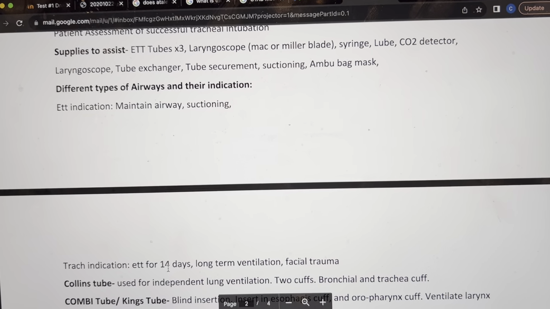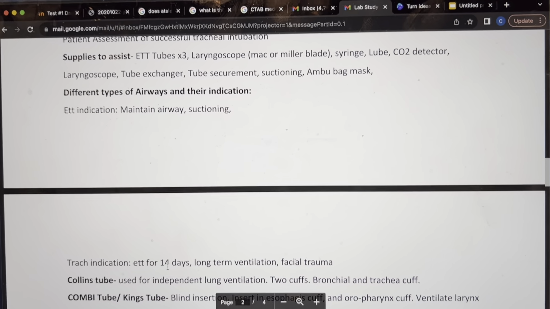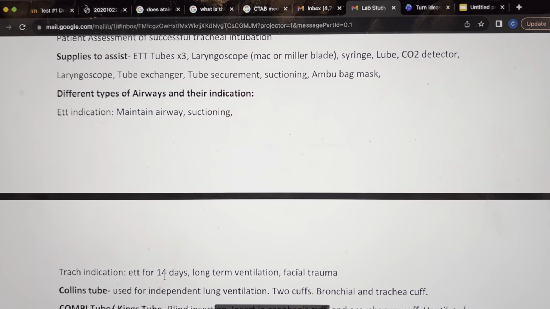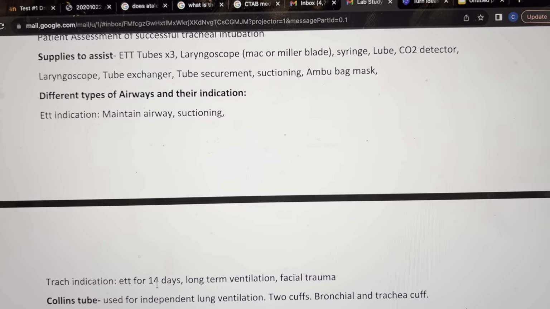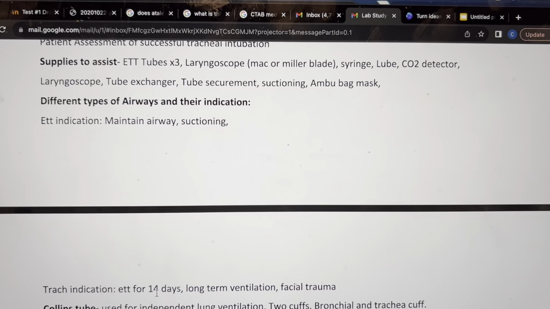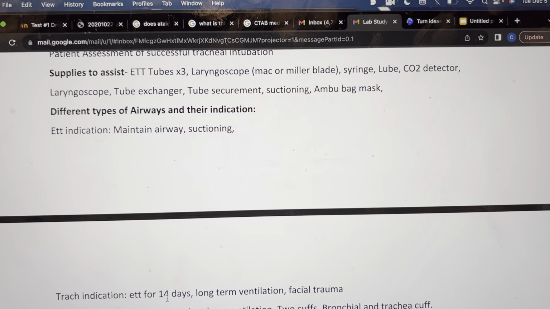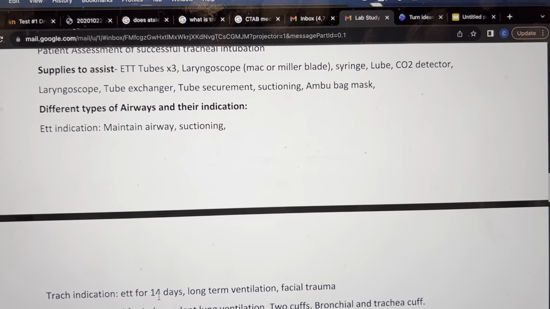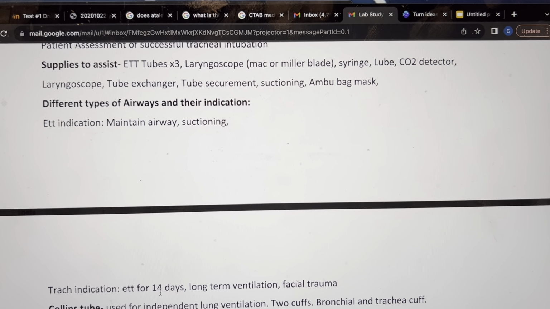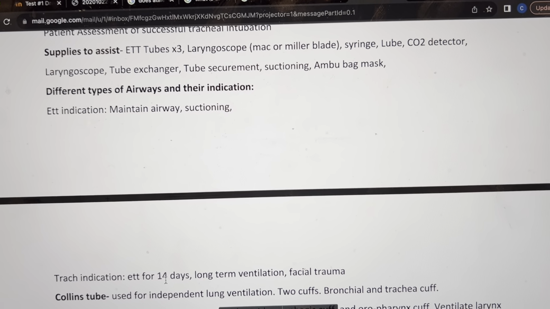Supplies to assist intubation: you want 3 endotracheal tubes, a laryngoscope, Mac or Miller blade, the correct size, syringe, lube, CO2 detector, tube exchanger, tube securement, suctioning, bag and mask.